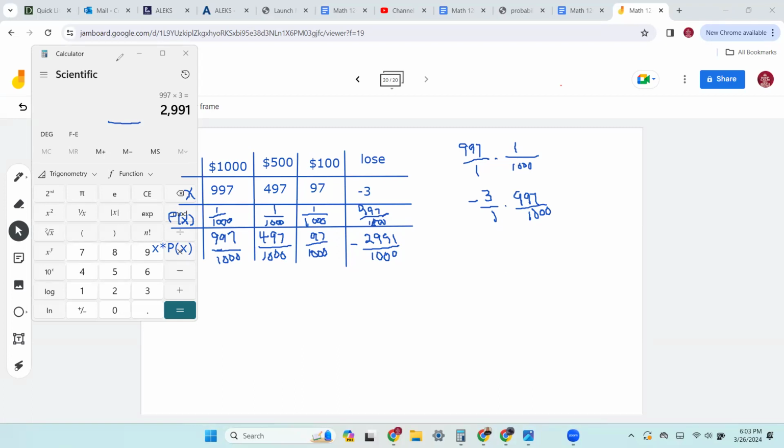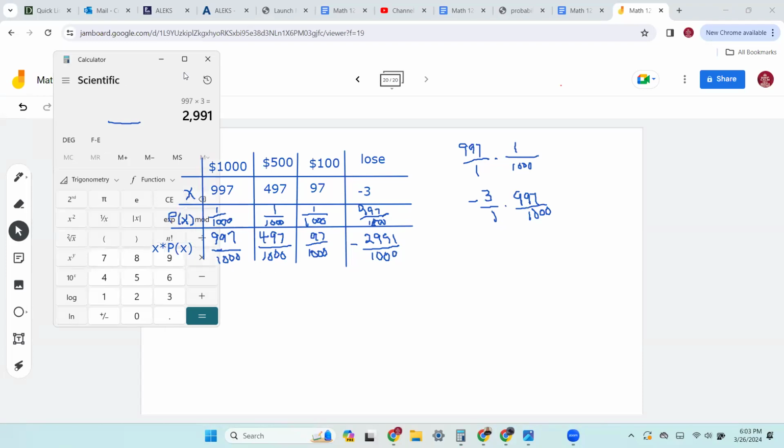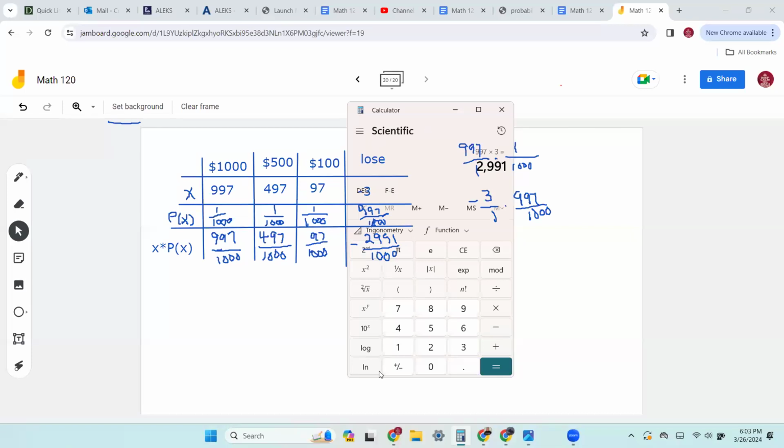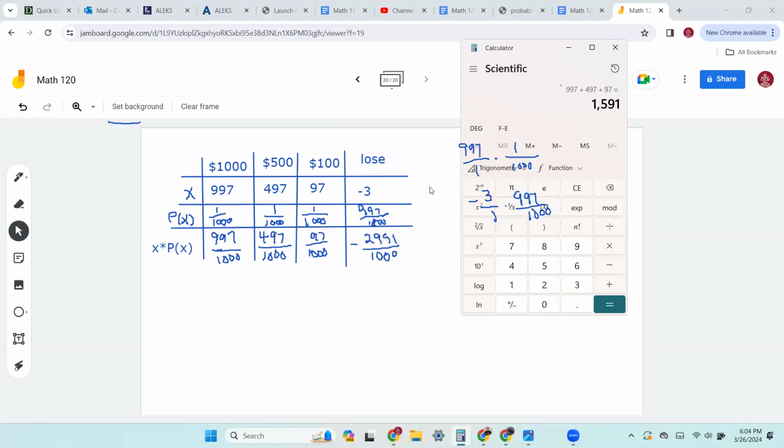All right, so now these three right here are positive, the ones on the left. Okay. So 997 plus 497 plus 97 is equal to 1591.